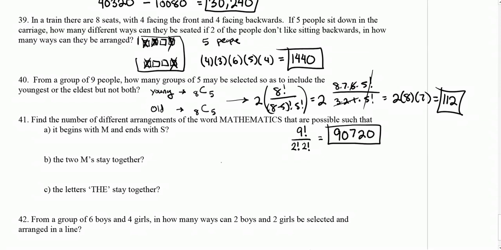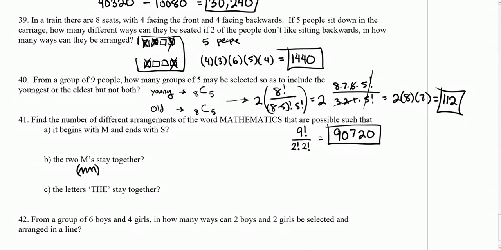Okay, B, we're going to now, M and S don't have to start, it doesn't have to begin with M, doesn't have to begin with S anymore. We're kind of starting free with the word mathematics, but we want the 2 M's to stay together. So in this case, we're going to put M and M next to each other and treat it like one letter.